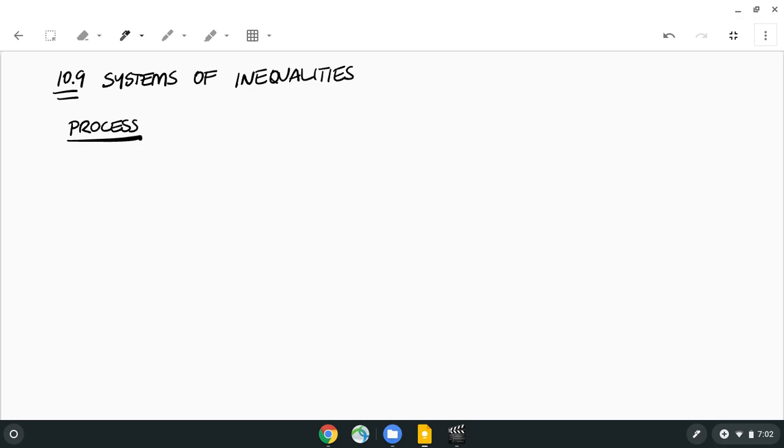The first thing you want to do is determine if your graph is going to be dotted or solid. These are inequalities.